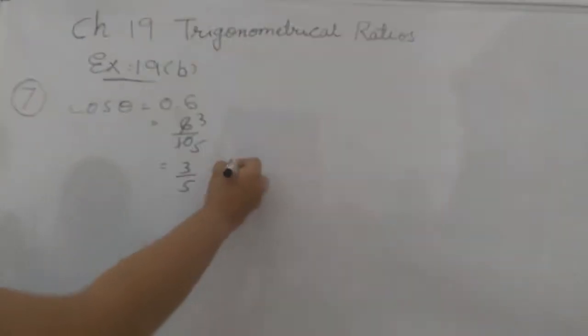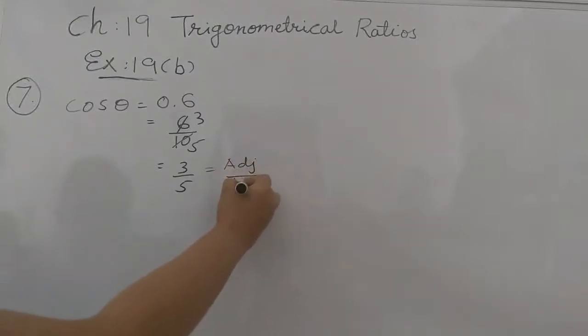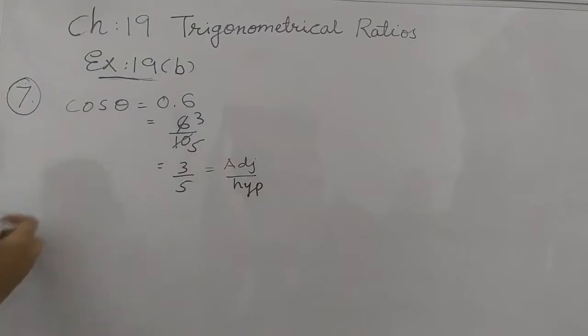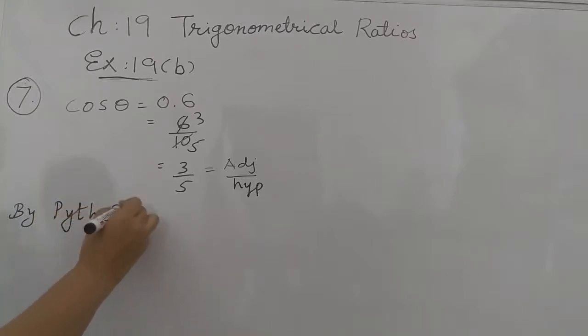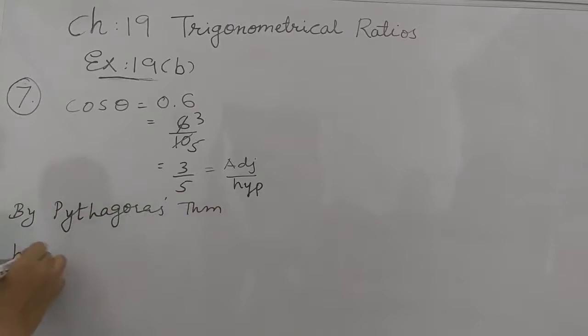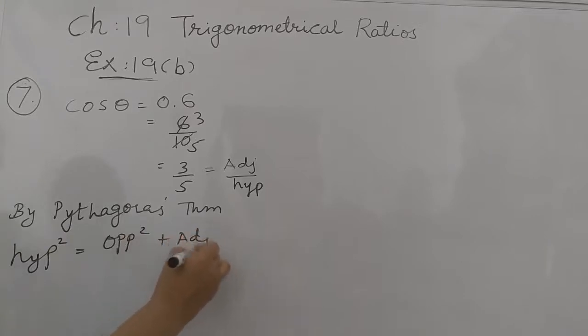This is adjacent upon hypotenuse, the cos ratio we know well. Now we want to find the opposite side. So by Pythagoras theorem, I write that hypotenuse square is equal to opposite side square plus adjacent side square.